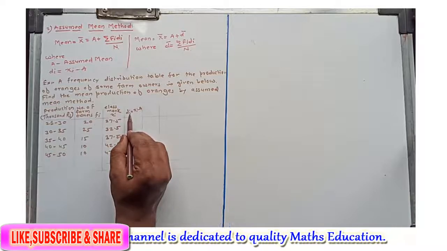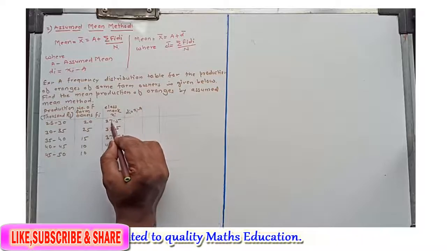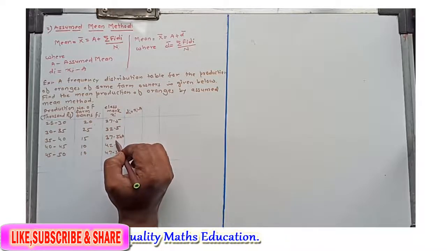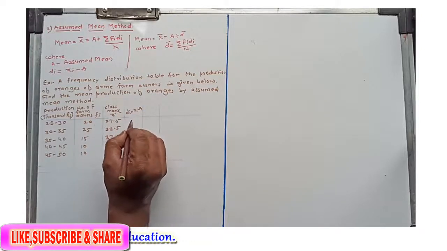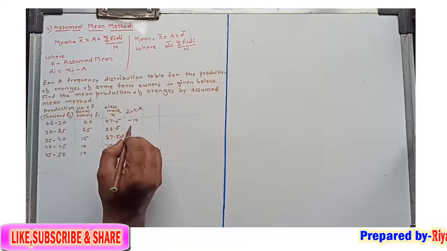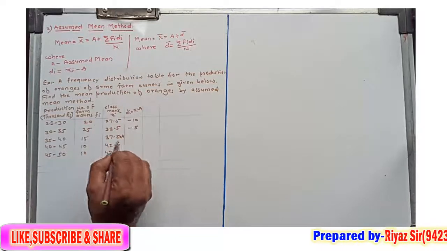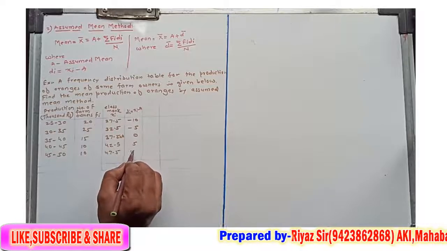Now the first value, d1, is equal to x1 minus a. x1 is 27.5 minus a, that is 37.5. So 27.5 minus 37.5 is minus 10. 32.5 minus 37.5, you will get minus 5. Then here it will be 0, here it is 5 and here it is 10.